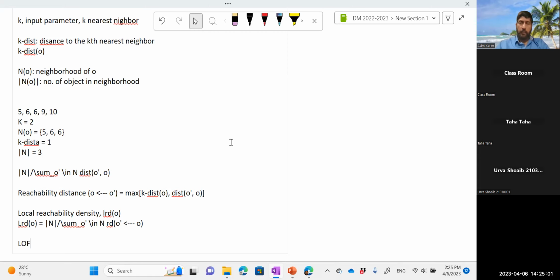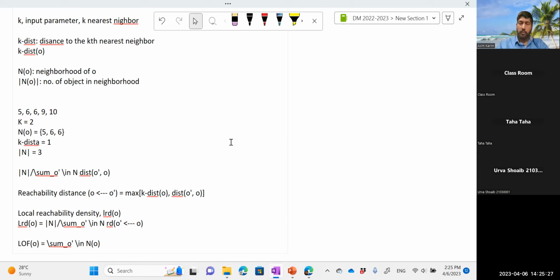So LOF of an object O then is basically, so yeah, again, we will have a summation here. So we are summing for all objects O prime in the neighborhood of O. Remember this N is the neighborhood of O. Okay? All objects O prime in the neighborhood of O.